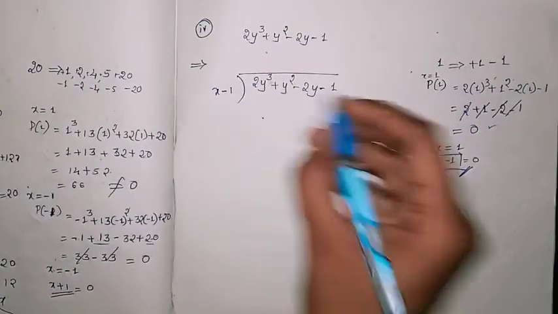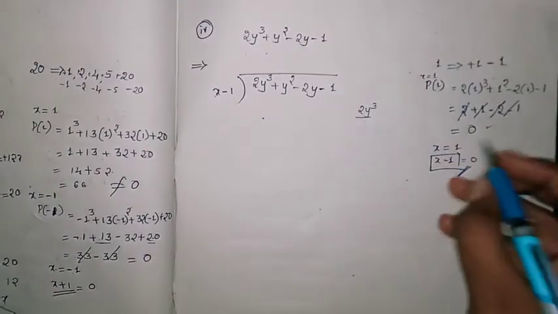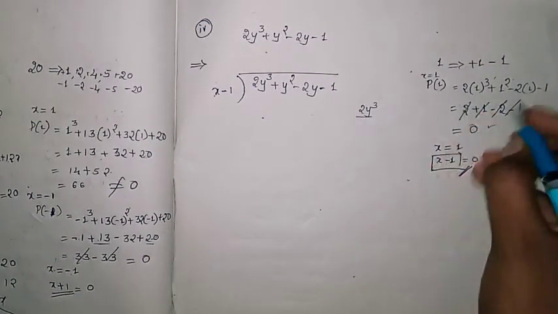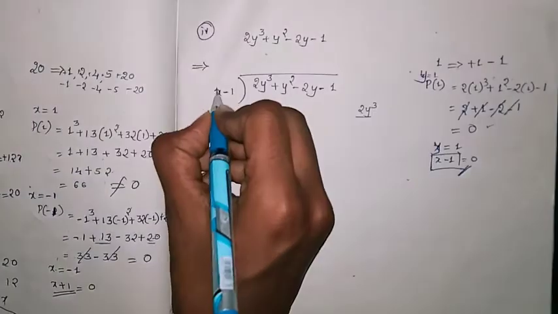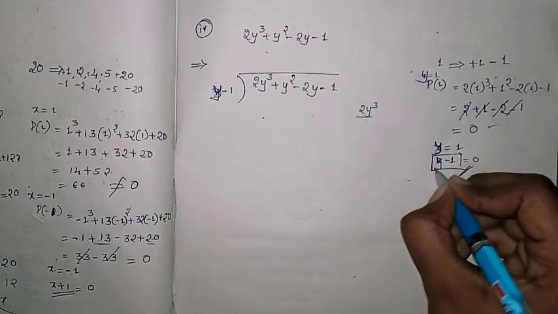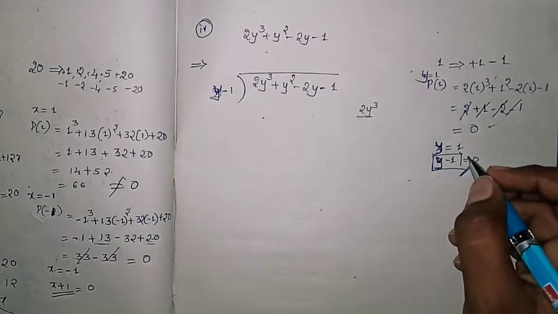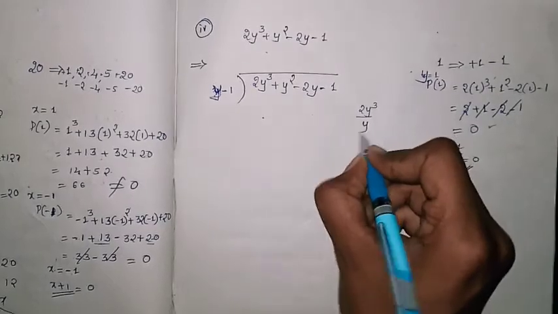So first term you take 2y cube, which is divided by, sorry, why I took x, this is y. Because they have given y, so consider it as y. So it is 2y cube divided by y.